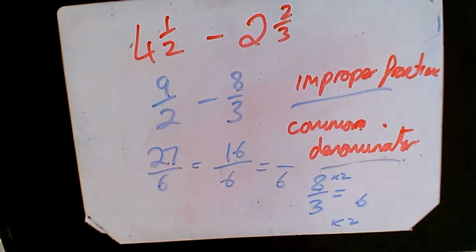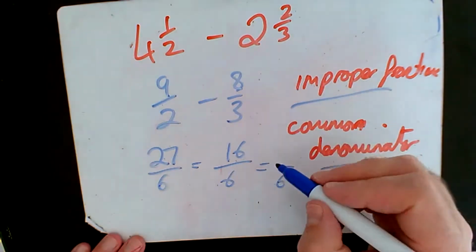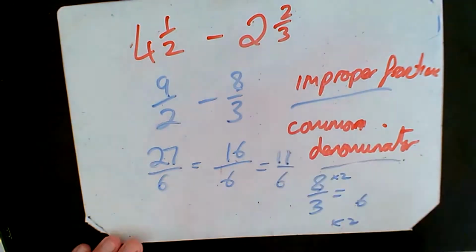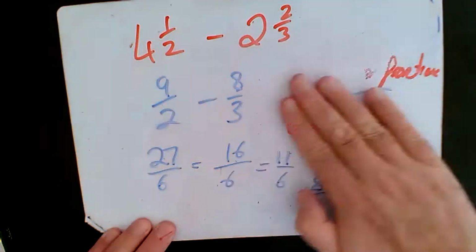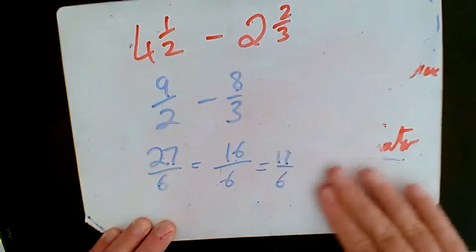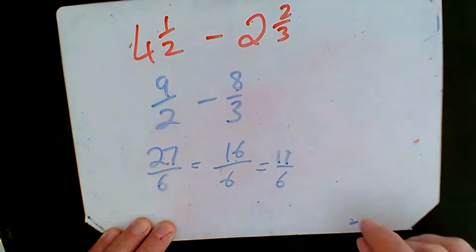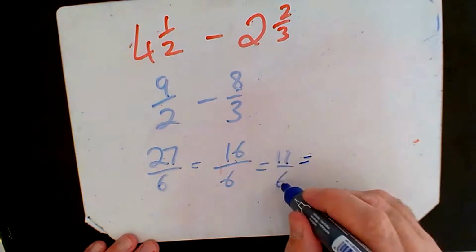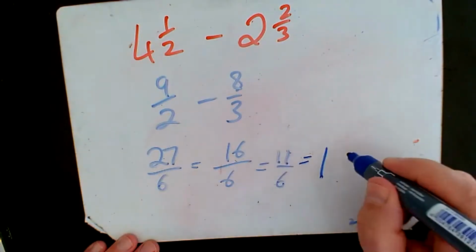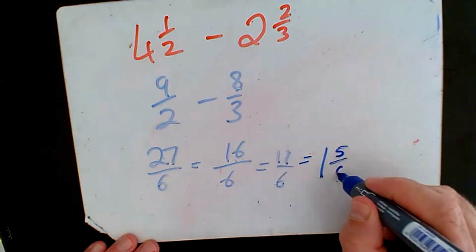So 27 take away 16, which is 11, so 11/6. Now remember, 11/6 is an improper fraction because the top number is bigger than the bottom. So we're going to turn it back into a mixed number. How many 6s in 11? 1, remainder 5, so 1 5/6.